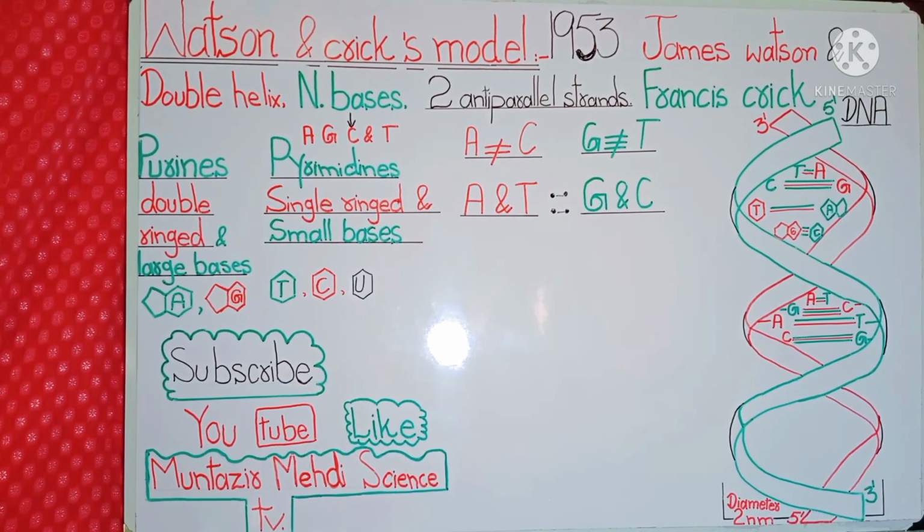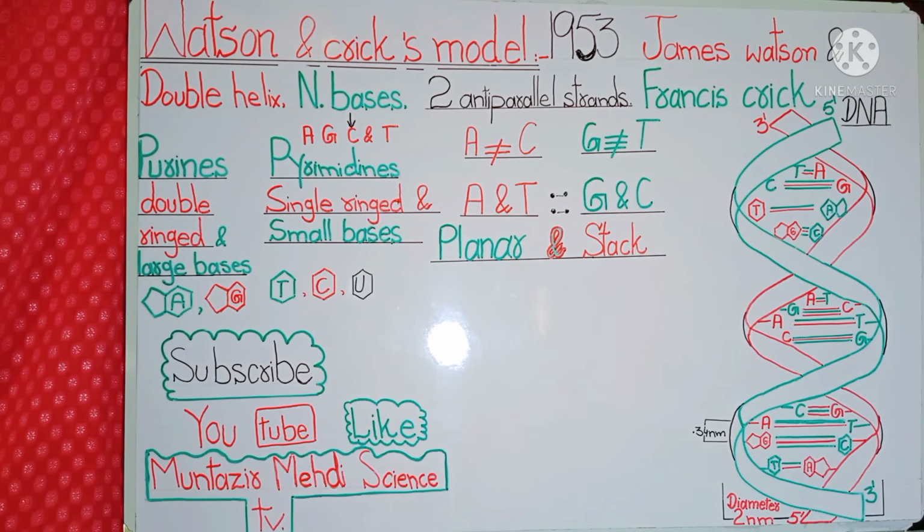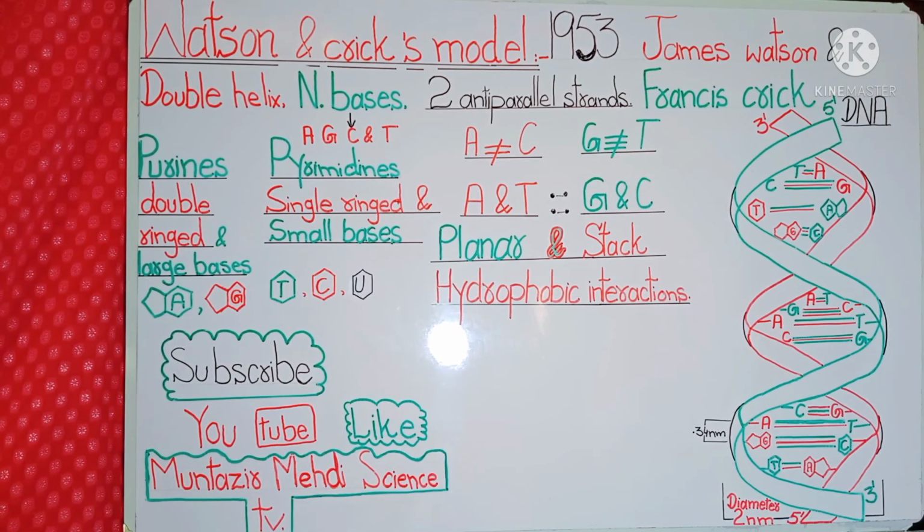The base pairs are planar and stacked, which means that the base pairs are arranged in a simple and smooth manner. These base pairs make an assemblage by joining themselves together to form their complementary base pairs. They are 0.34 nanometer apart, which means that these base pairs are 0.34 nanometer independent from each other, as a result of hydrophobic interactions that contribute to the overall stability of the molecule.